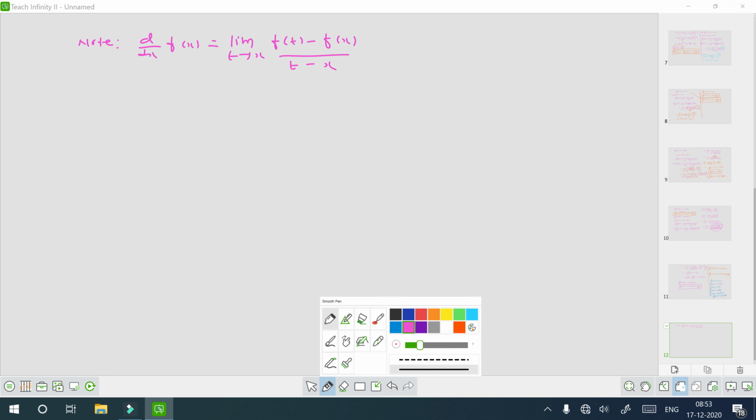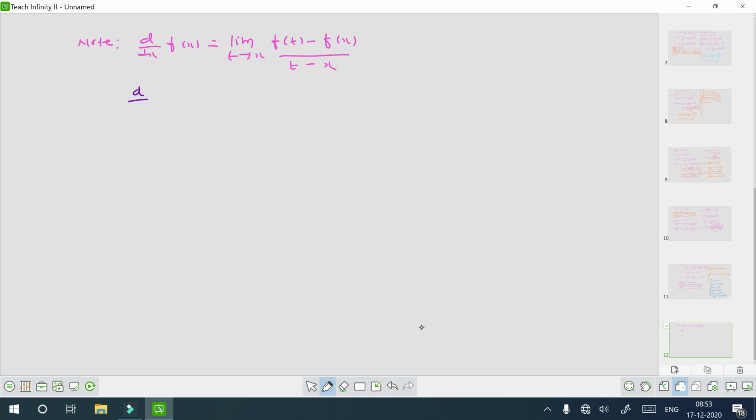See here, write one note. D by dx of fx is equal to limit t tends to x, f of t minus fx upon t minus x. Clear? This one is the derivative with respect to x at x.